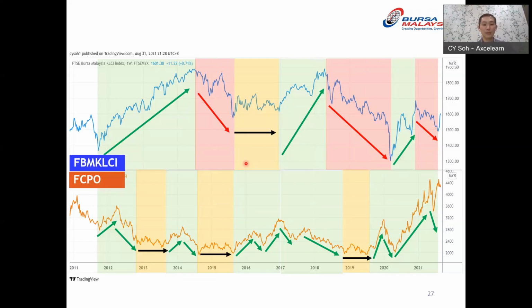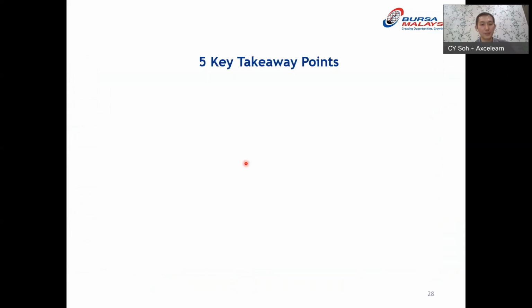So today I've shared with you some trading ideas and why adding FCPO into your portfolio can give you a lot of diversification benefits, because FCPO and the stock market have low correlation.